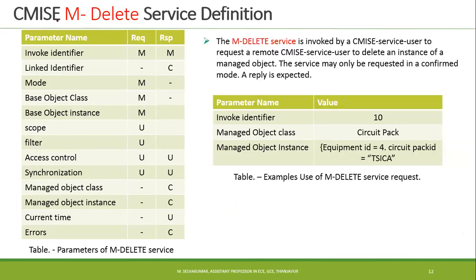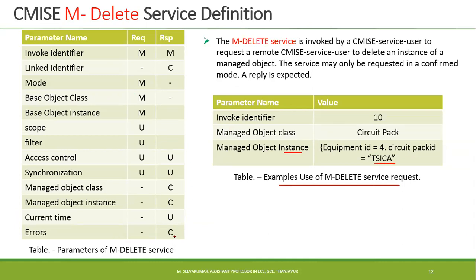And another thing is the delete service. Suppose you want to delete one of the services of the managed objects in a remote system, you have to delete that service. The responses and examples of the delete service are shown here. That is invoke identifier 10. You have to delete the object instance equipment ID 4 and circuit pack TCSA. So the response column will be here.